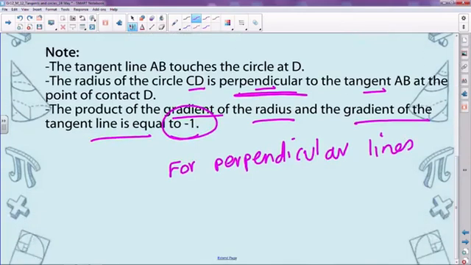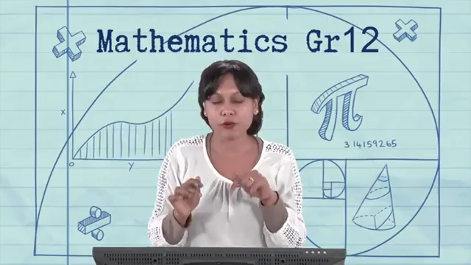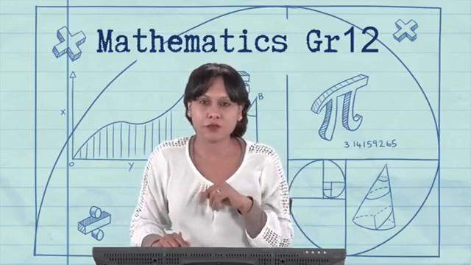So if one has gradient M1, the other one has gradient M2, well, the product of those two gradients will be -1. So what that means and how that's going to be helpful for us is if we can find out the gradient of either one of those lines, either the tangent or the radius, then we can work out the gradient of the other line. All right.